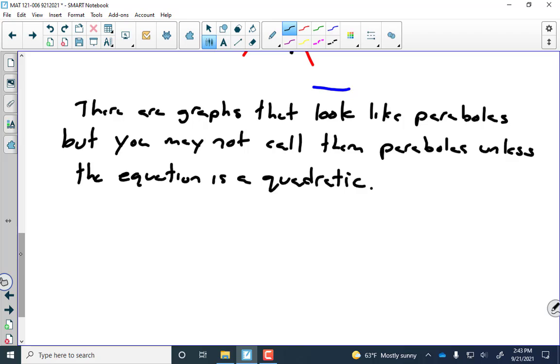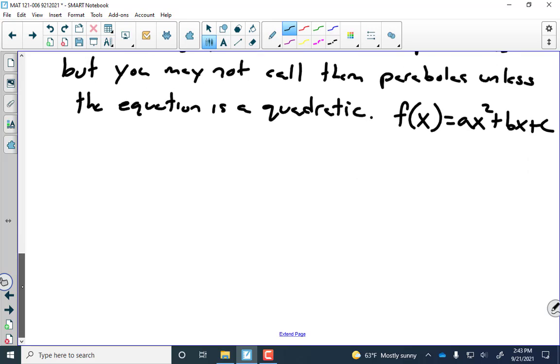The only function out there that will give a graph called a parabola is a quadratic. If it's not a quadratic, then the graph, no matter how much it looks like it, is not a parabola. Here's an example, everyone.